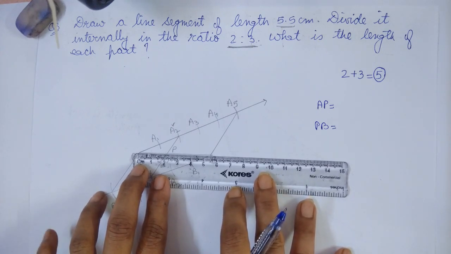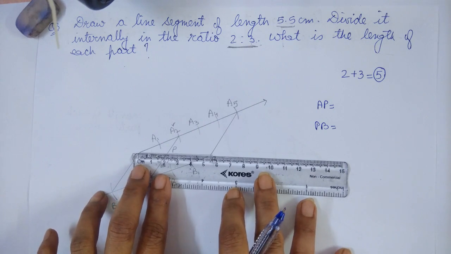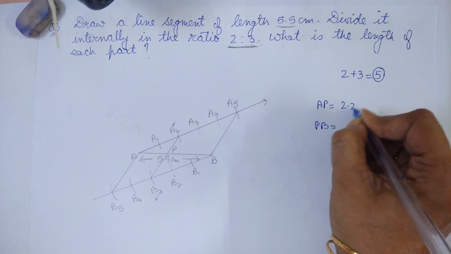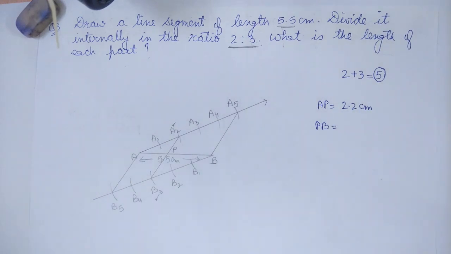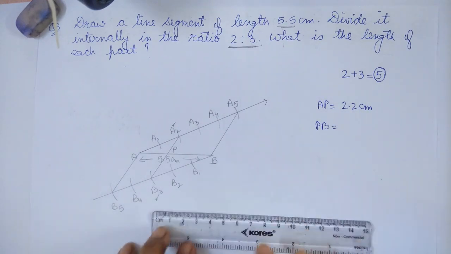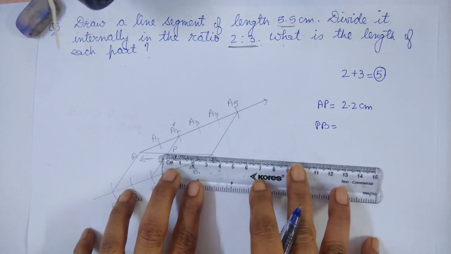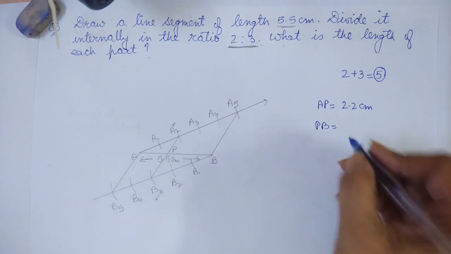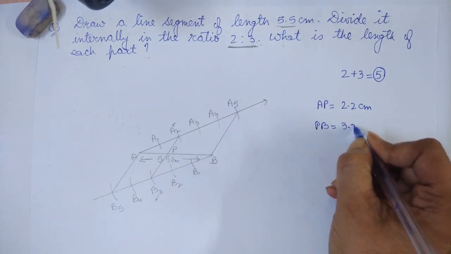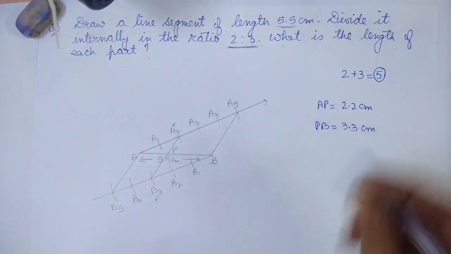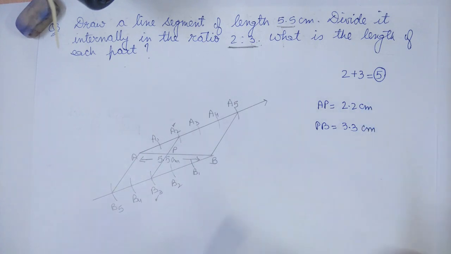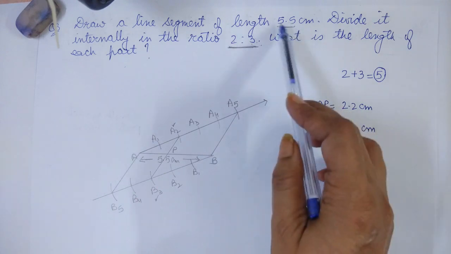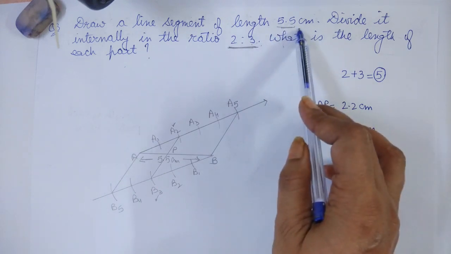It is coming approximately as 2.2. So AP will be 2.2 centimeter, and if you measure PB, it is coming as 3.3 centimeter. So observe it. AP plus PB, if you add these two together, you will get 5.5 centimeter.